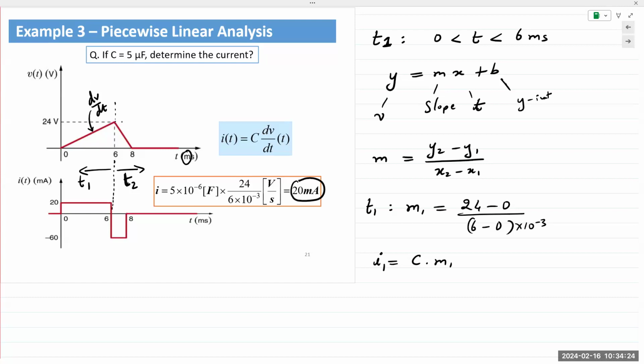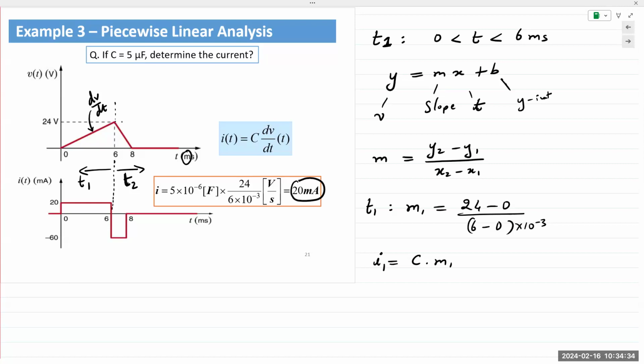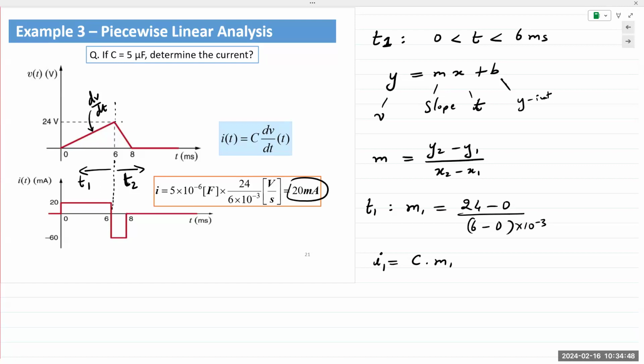On an exam, it might just be minus 1 or minus 2 points. But in real life, if you miss this while trying to design a system, the entire system could fail. So again, extract as much information as you can from the problem statement. And this is true for any course, any subject that you take. All right, so our answer is 20 milliamps.